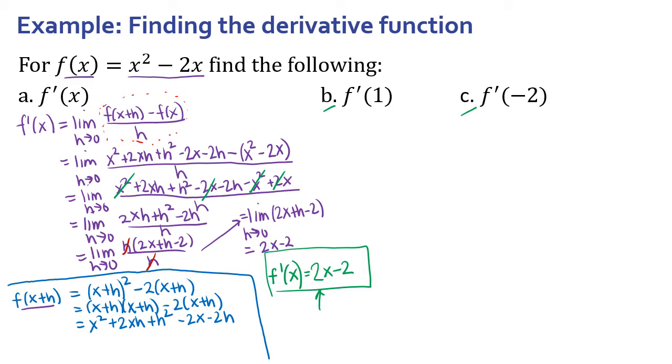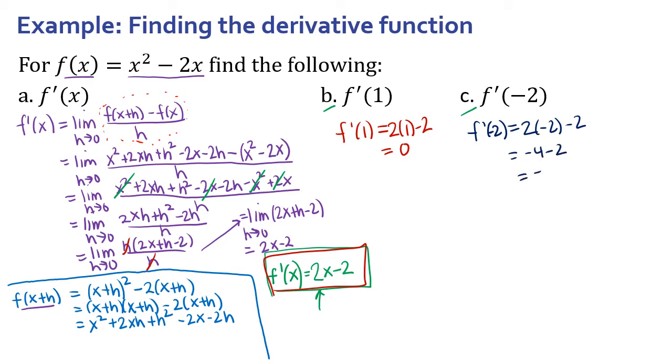So f'(1) is 2 times 1 minus 2, so I get 0. f'(-2) is 2 times negative 2 minus 2, which is negative 4 minus 2, which gives me negative 6. It's so helpful to actually find this formula for all x values, and then all we have to do is substitute in the specific x values that I'm looking for.